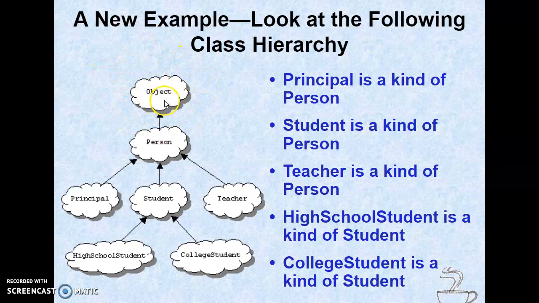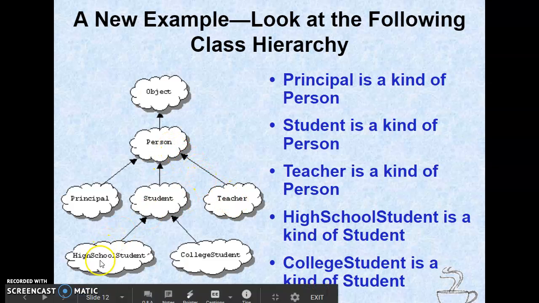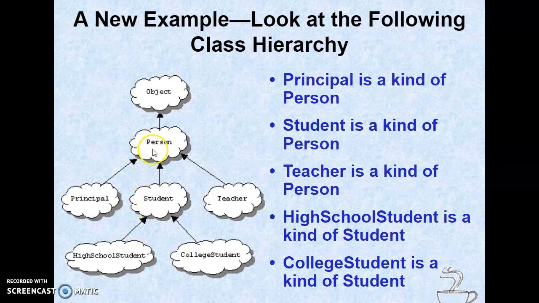So that's why we have been able to use it with anything that we put in. But everything we make extends Object, okay? So we have a person, which is an object. We have a principal, which is a person, a student, which is a person, a teacher, which is a person. And then we can go down further and say a high school student is a student and a college student is a student. So high school student or college student, they extend student and they extend person, which extends Object overall.